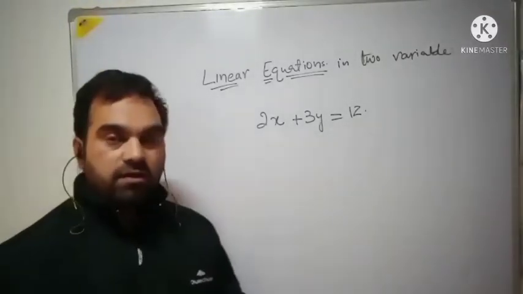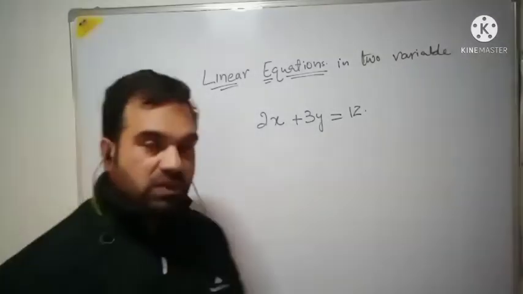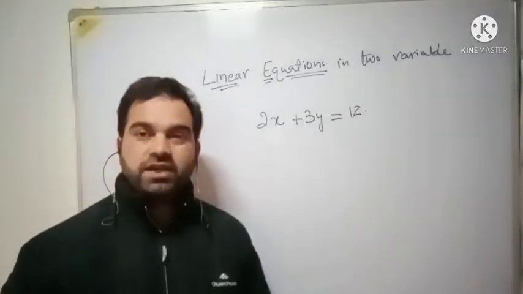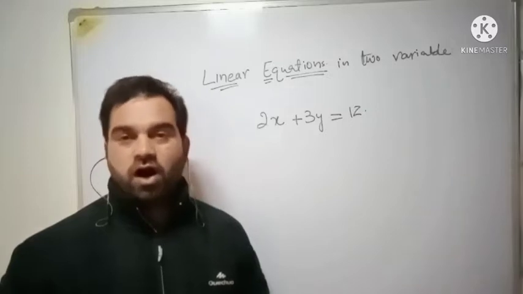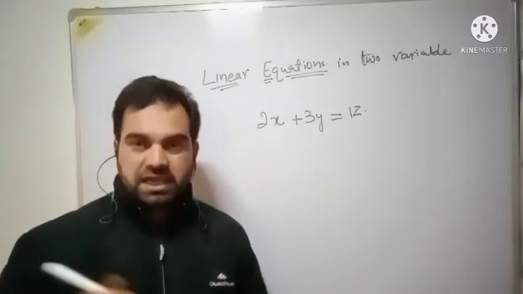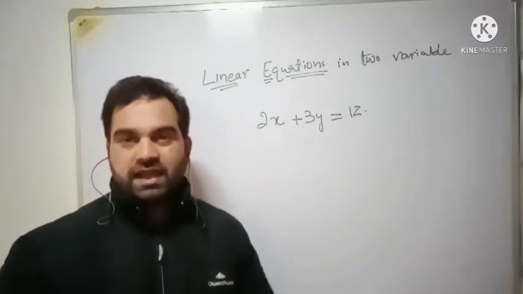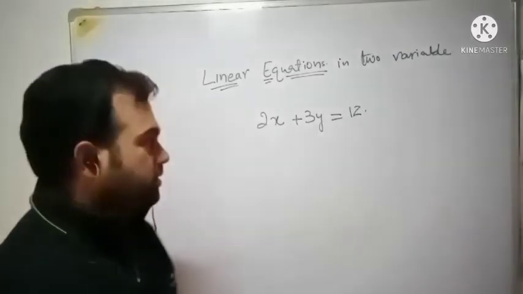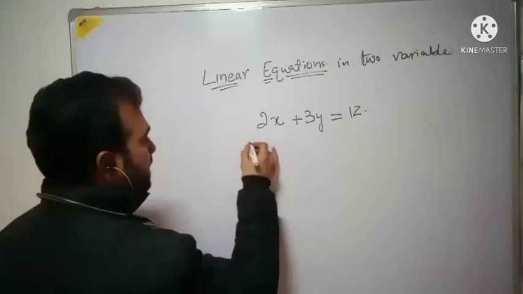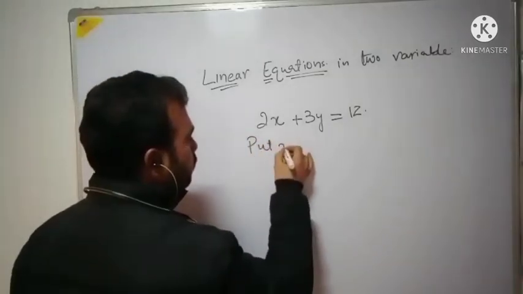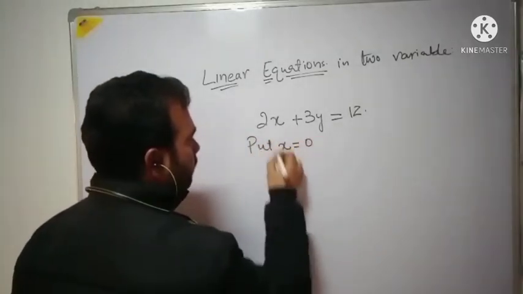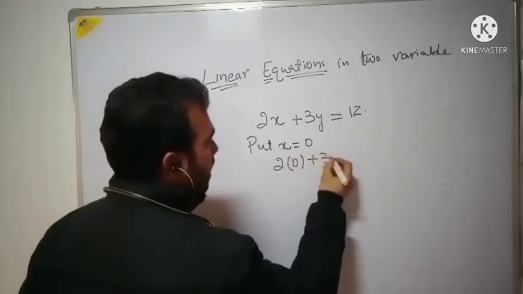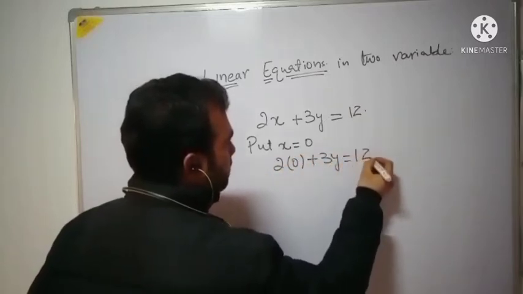So we will try to solve it. How do we solve a linear equation in two variables? We solve it by putting a value for x or y, and for each value of one variable we get a value for the other variable. Let's put x = 0. We get 2 into 0 plus 3y = 12.